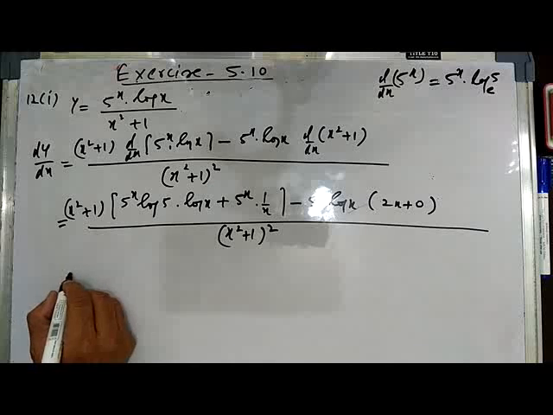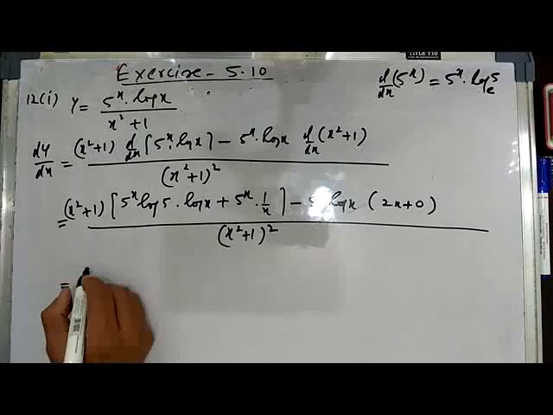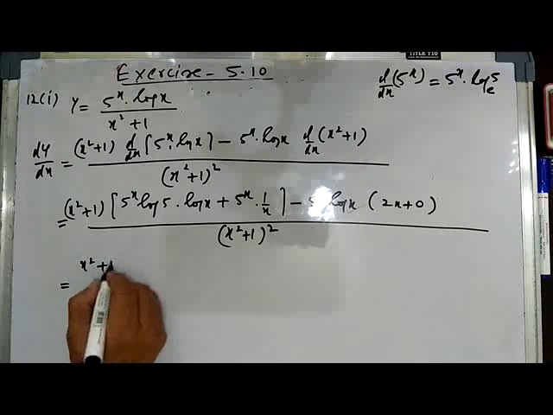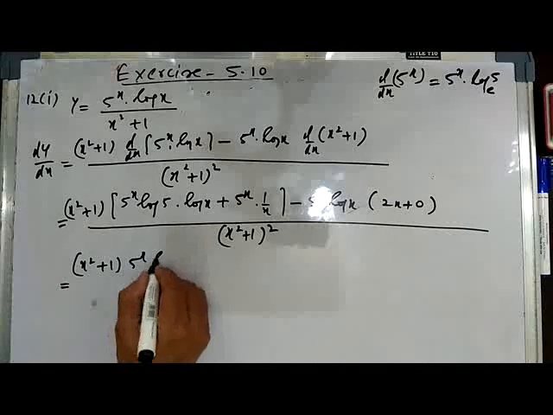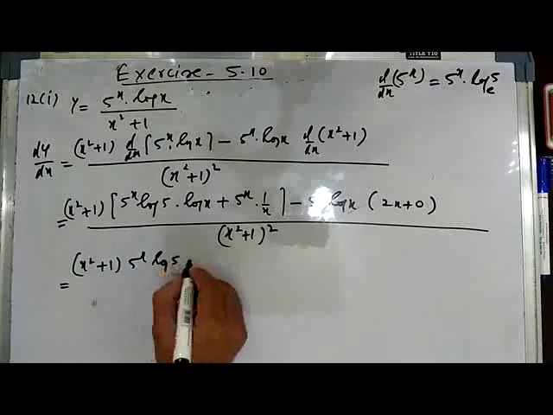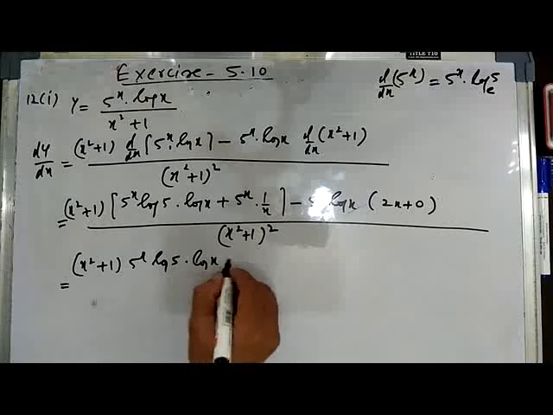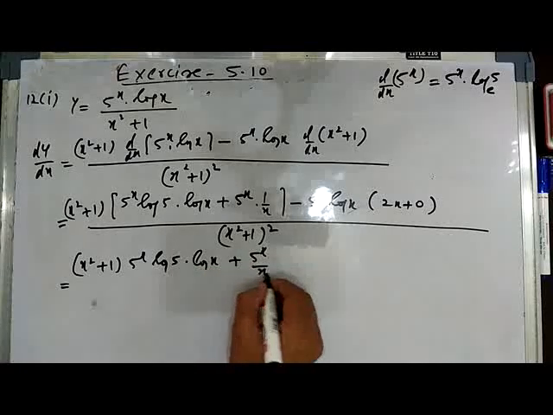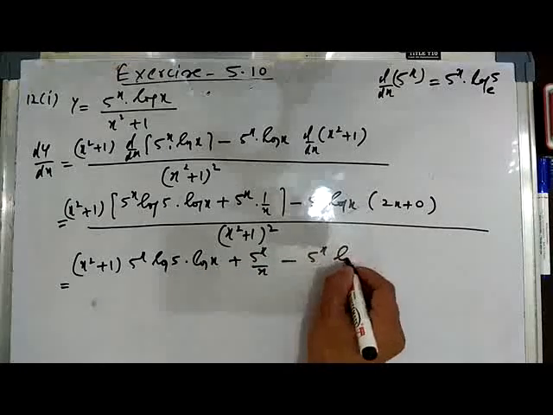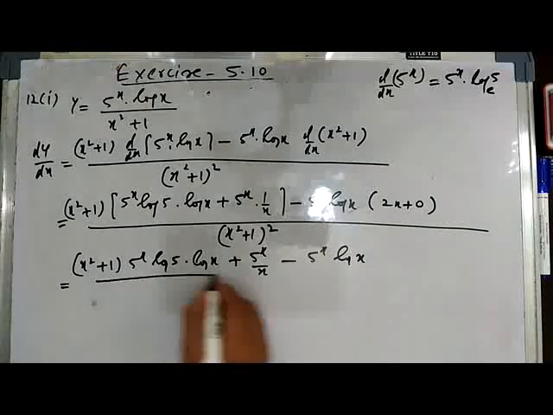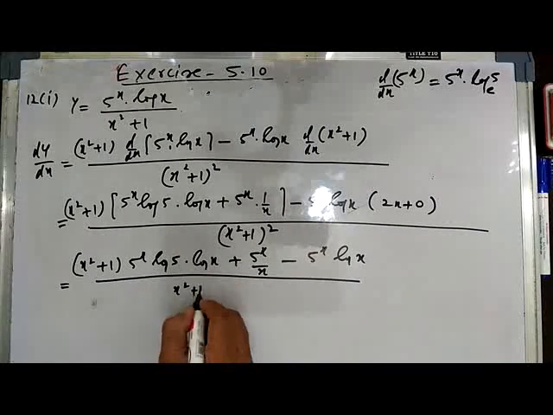Later you have to simplify this. x square plus 1, 5 to the power x log 5 into log x, 5 to the power x upon x, minus 5 to the power x log x, whole upon x square plus 1 whole square.